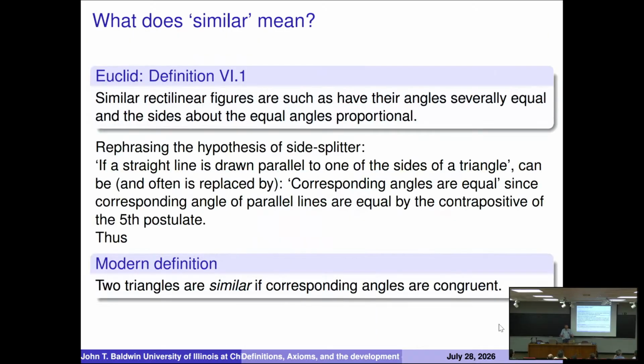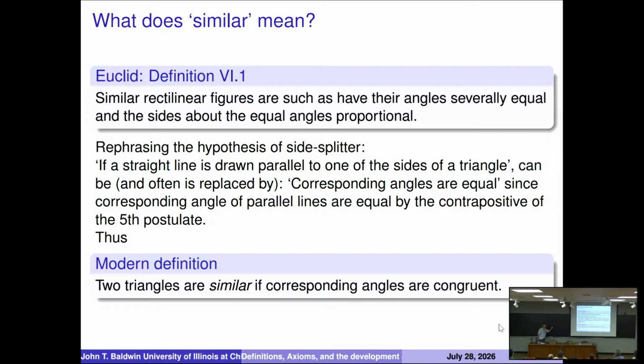And in particular, I said this in terms of similar, but similar in Euclid is very explicit. Similar means equal areas and proportional sides. I mean, this theorem sort of makes that too strong a definition, but that's the way that he wrote it.